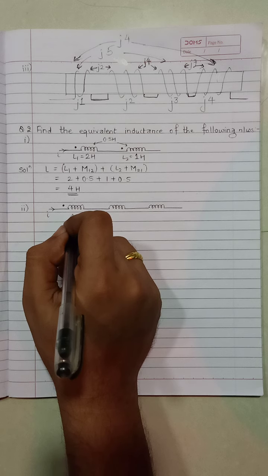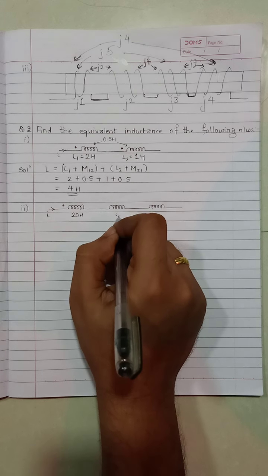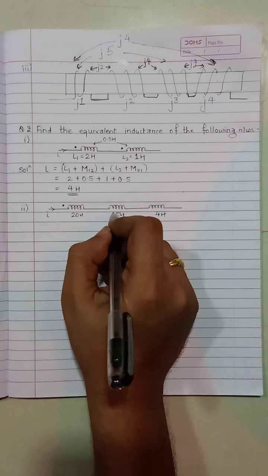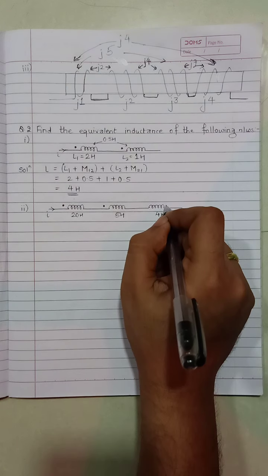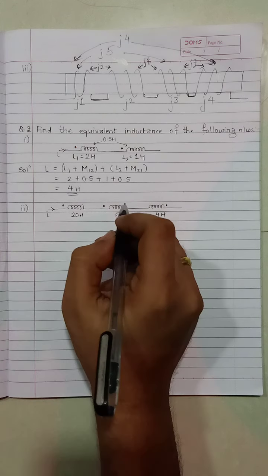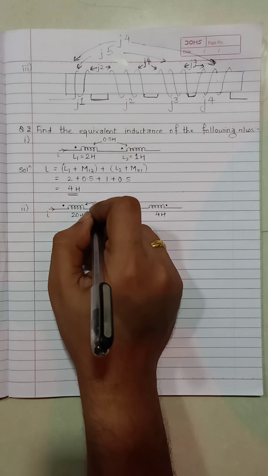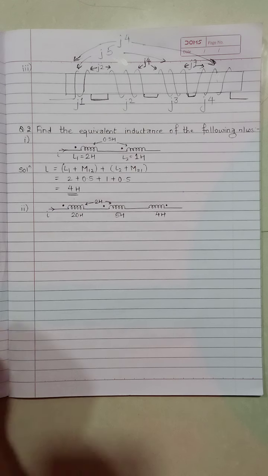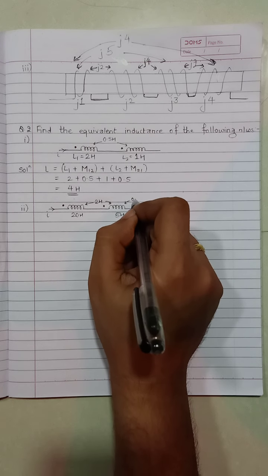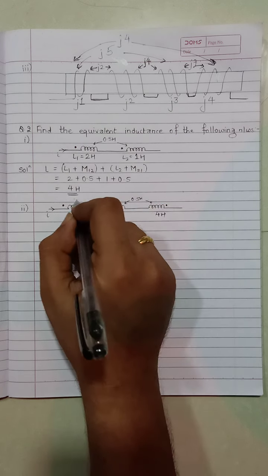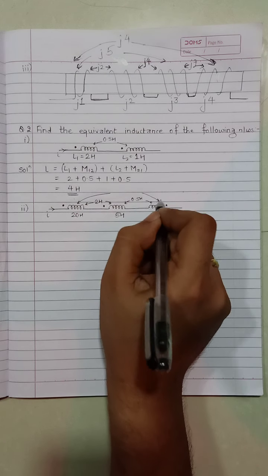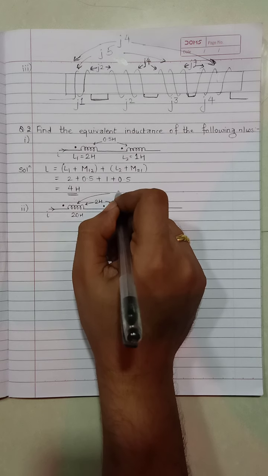This value is given as 20 Henry, 5 Henry and 4 Henry. In this case, these two are cumulative and this has the opposite direction of flux. This is given as 2 Henry and this is 0.5 Henry. Similarly, between the first and the third, you have it as 2 Henry.